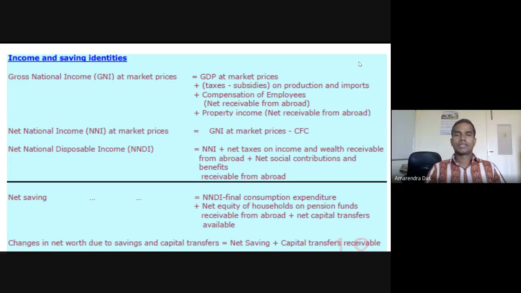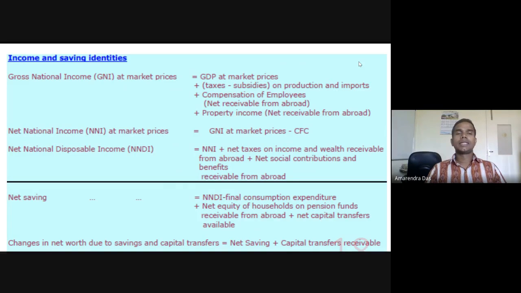So in the Indian context, in the second component, that is compensation of employees, we receive net, but in property income we pay more than we receive. And then we get net national income at market price, that is gross national income at market price minus the depreciation or consumption of fixed capital.